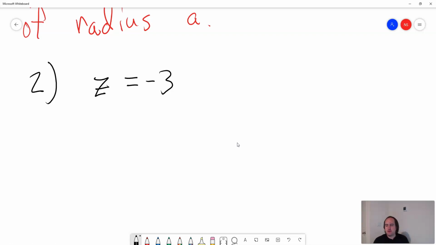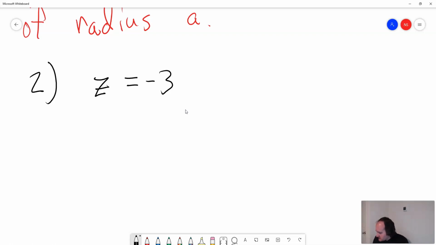Now, if you remember from just regular graphs, when we had x, y, z, if you had z equals something, it's a plane. And that's actually still true in cylindrical coordinates.